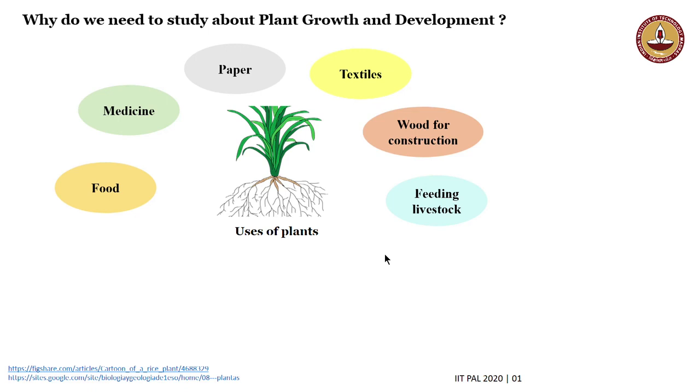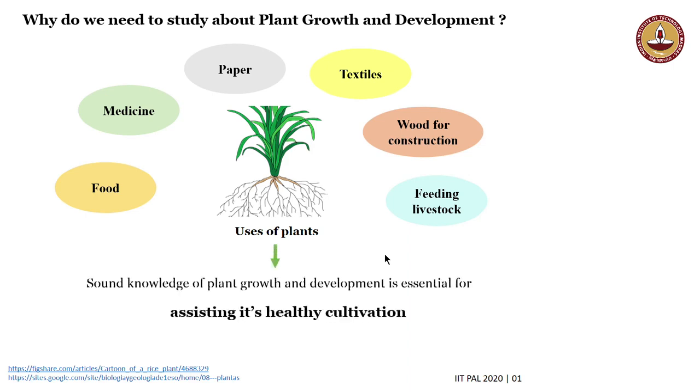We use plants for wood, used in constructions, and we use it as a feeding livestock. Now, in order to accomplish all these applications, a sound knowledge of plant growth and development is essential for assisting its healthy cultivation. That's the reason why we must know about the plant growth and development.